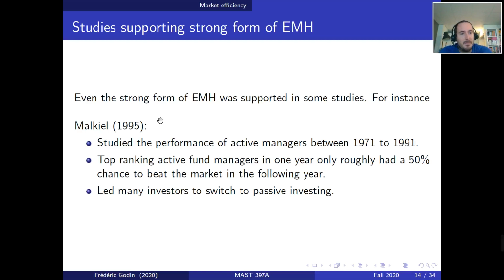So this seminal paper led many investors and people to switch to passive investing because it shed some doubts about the added value of active management. Okay, so a lot of active managers seem to gain outperformance in some years due to luck, but their performance could not be repeated consistently in upcoming years.